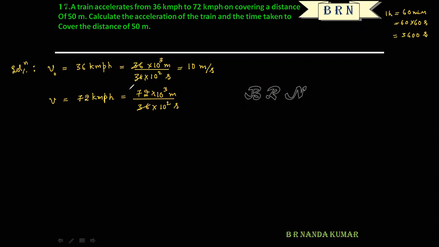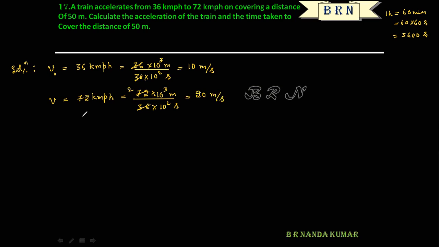So 6 ones are 6, 6 twos are 12, so 2 into 10 power plus 3, 10 power minus 2. 10 power 2 is shifted to the numerator. What happens? 10 power minus 2 into 10 power 3, that is 10. So 2 into 10, 20 meters per second. So this is the final velocity.